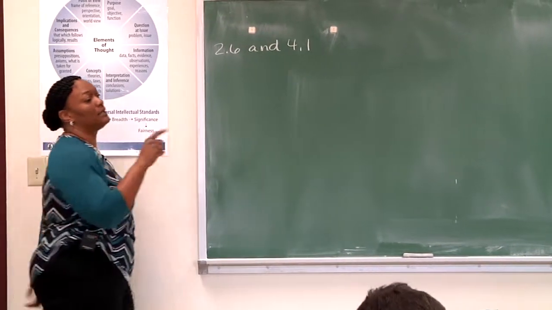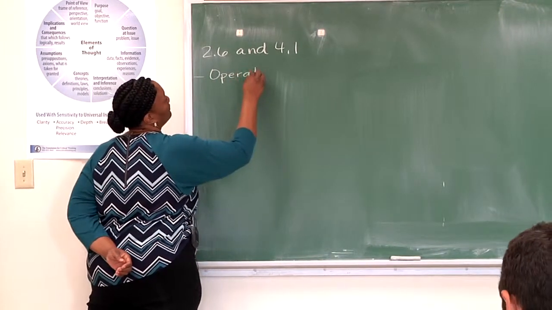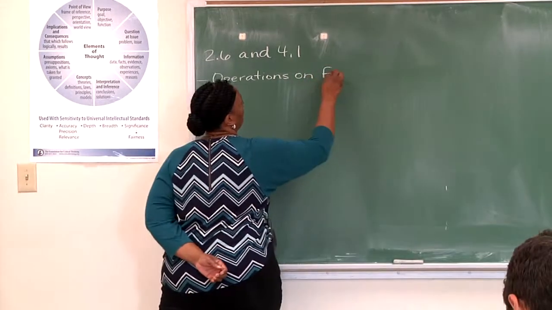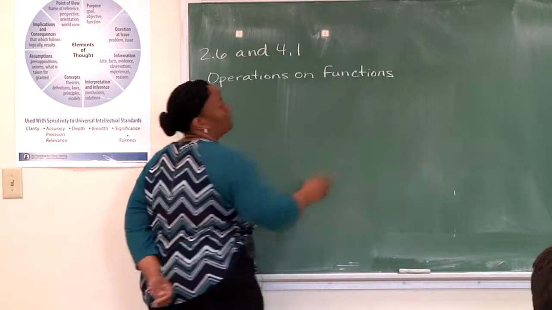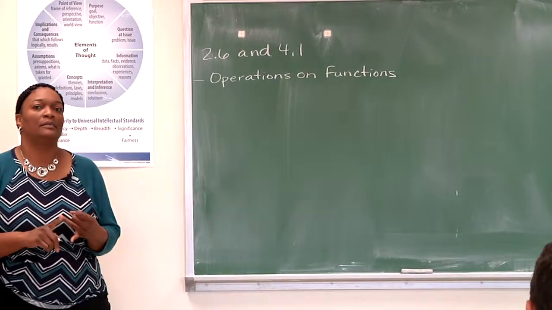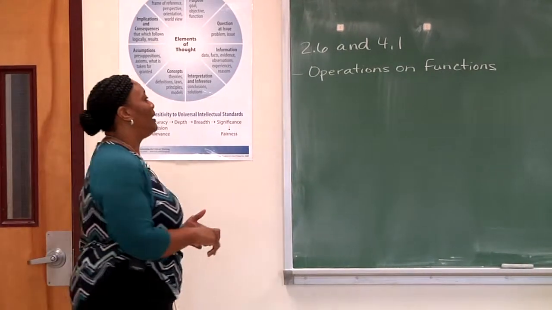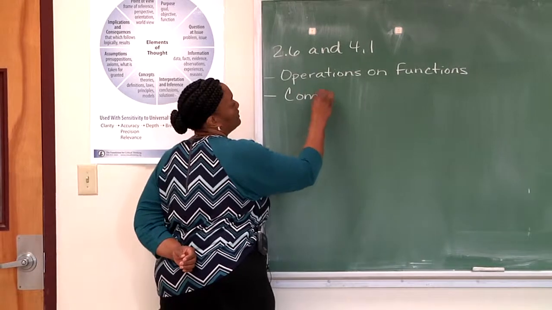So the very first thing that we did was we talked about operations on functions, okay? What that covered was, remember, we learned how to find the sum, the difference, the product, and the quotient. Also, we worked with composition of functions.